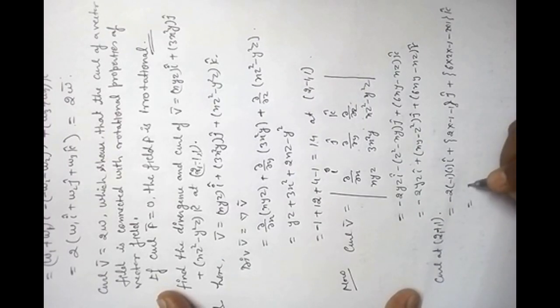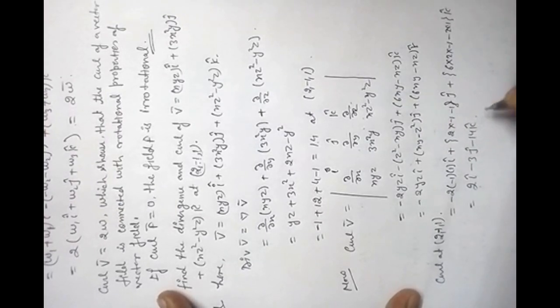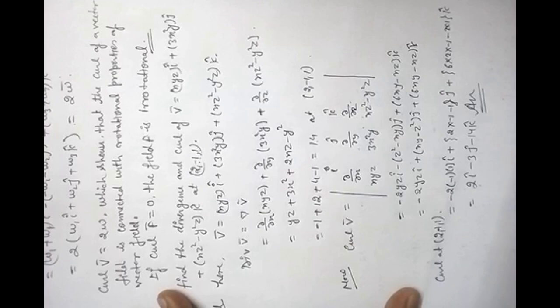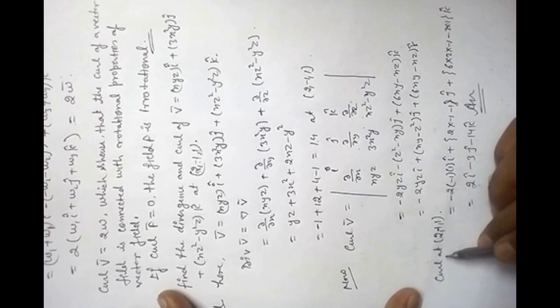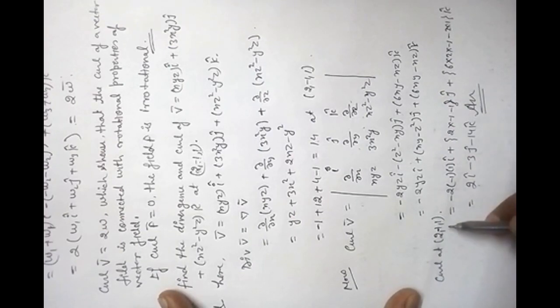That means 2i minus 3j minus 14k. This is the value of curl v at the point 2 comma minus 1 comma 1.